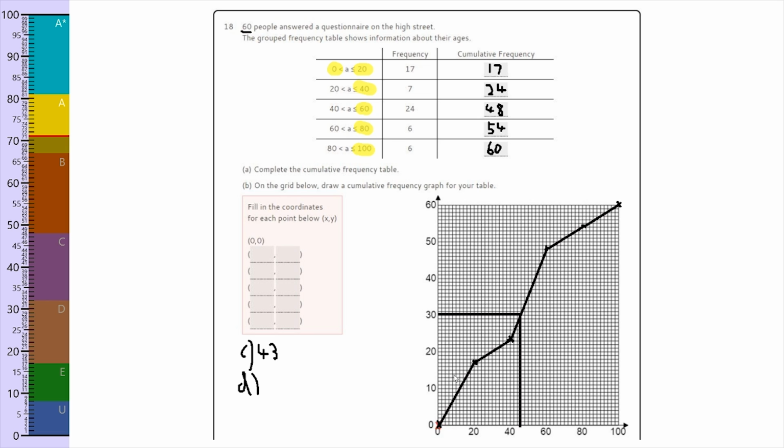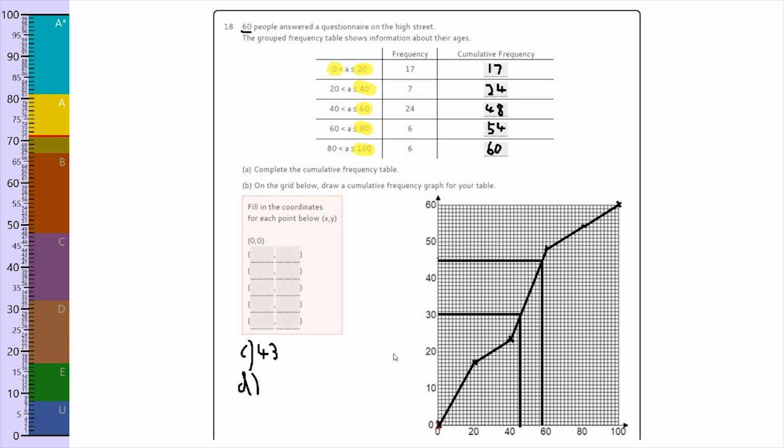So if 30 is half of 30 is 15, and add the two together gives me 45, so I need to go across from 45 and get it right, and down. Oh, so close yet so far, right? Should be about there, so that's going to be 59, I think, 59.